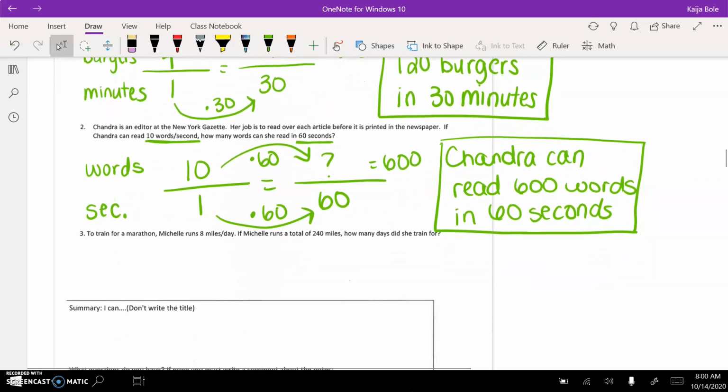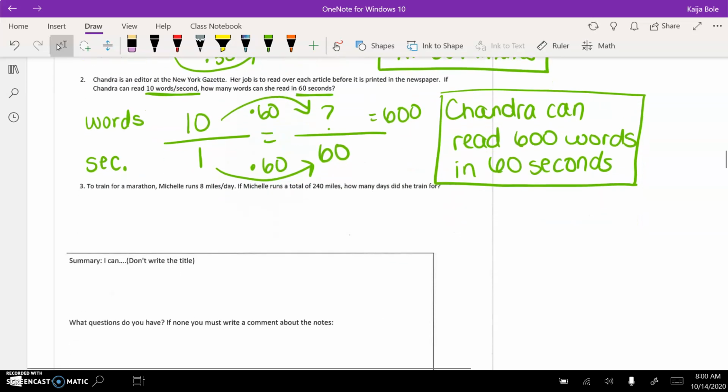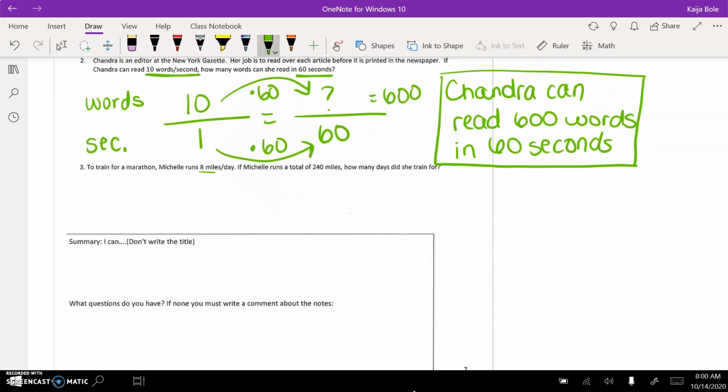And then the last one, to train for a marathon, Michelle runs 8 miles a day. So underline that. If Michelle runs a total of 240 miles, how many days did she train for? So we're talking about miles and days. And she can run 8 miles in 1 day, and she's running 240 miles. So we're trying to figure out how many days.